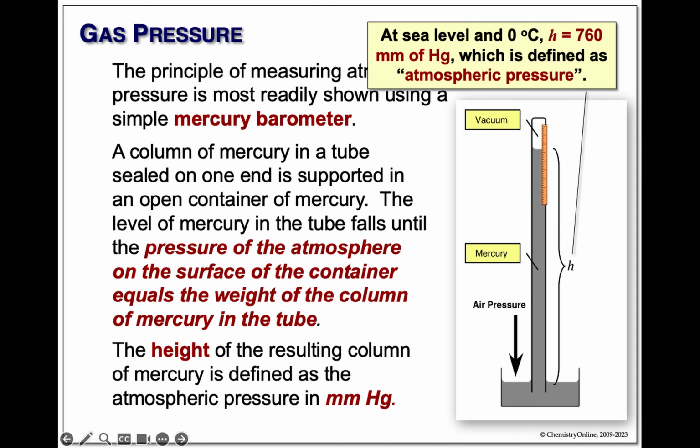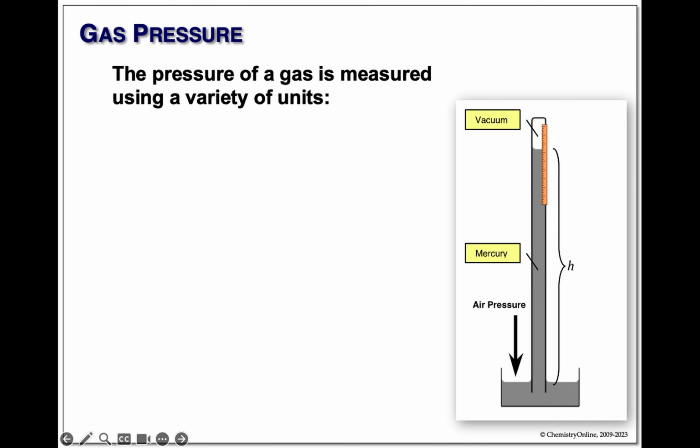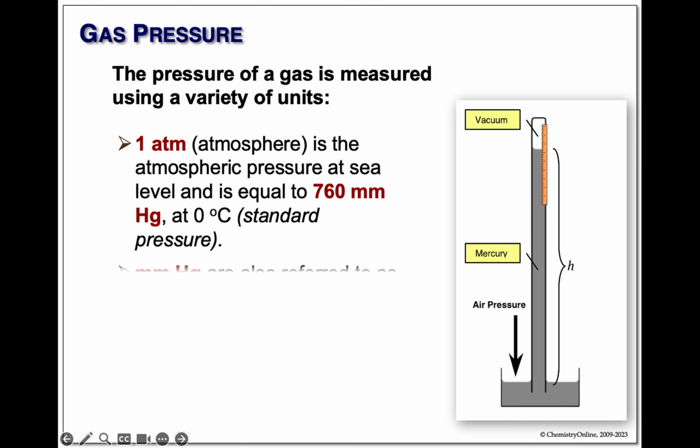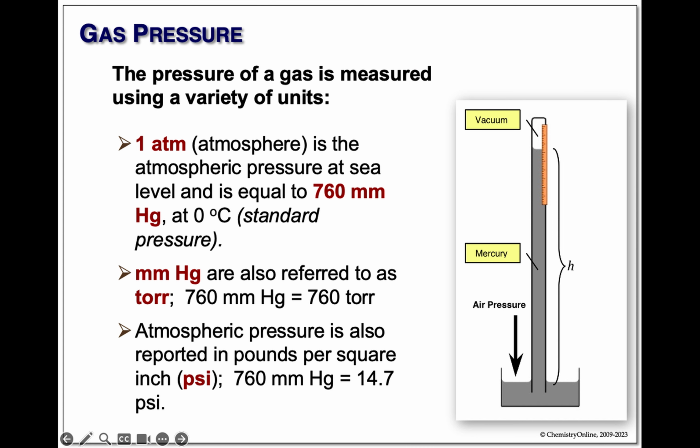The units that we use for gas pressure, if we are at 760 millimeters height, that is also called 1 atmosphere. That's the pressure at sea level, again, 760 millimeters of mercury.